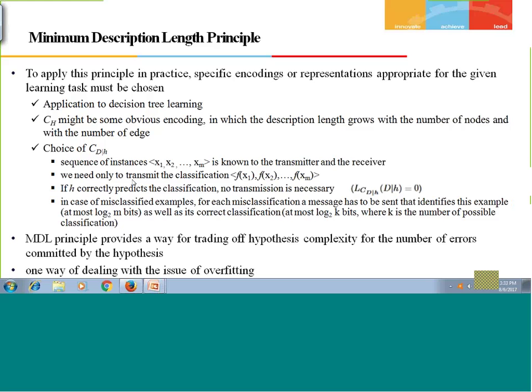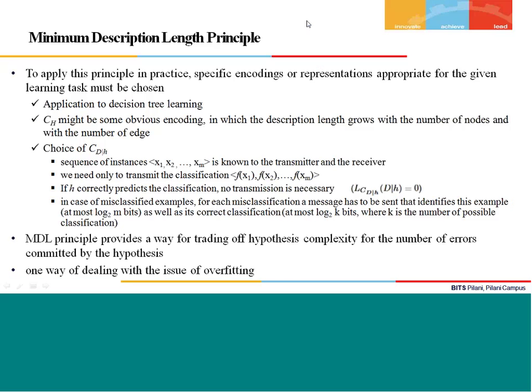So again, what I was saying is that if you use a tree with a shorter length, you can represent this tree with less number of bits. But when you use this smaller tree, the misclassification error will get high.